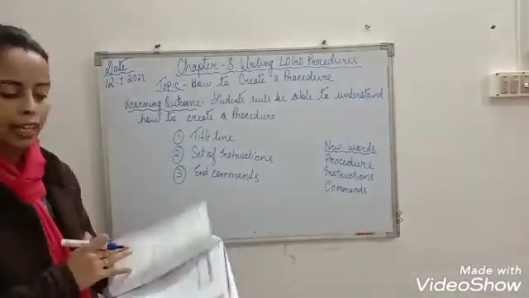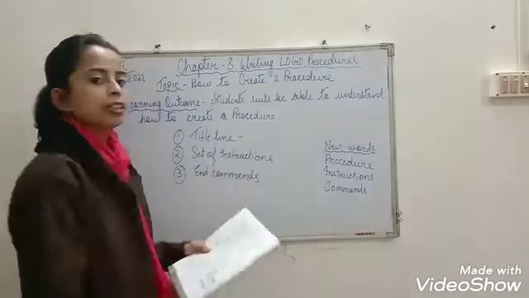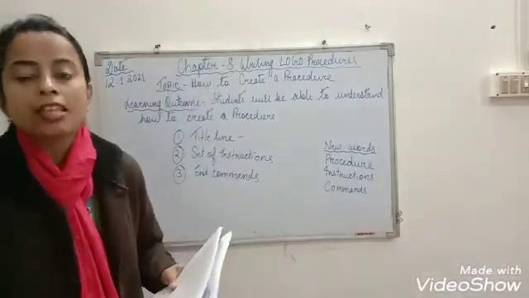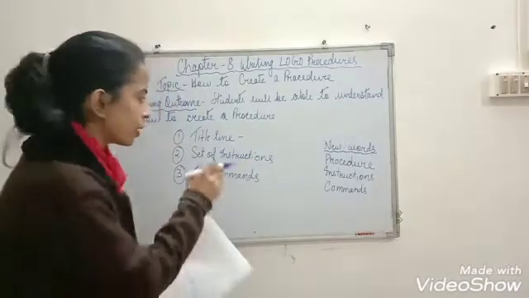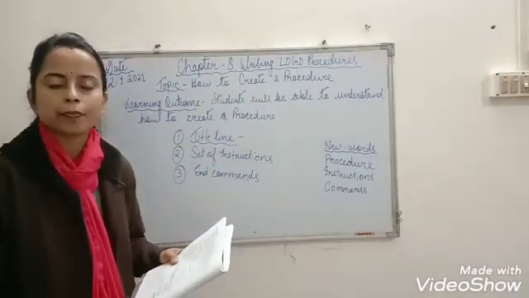So title line. The name of the procedure can include letters, numbers, symbols. Arithmetic operators cannot be used in the first part of a procedure, that is the title line.